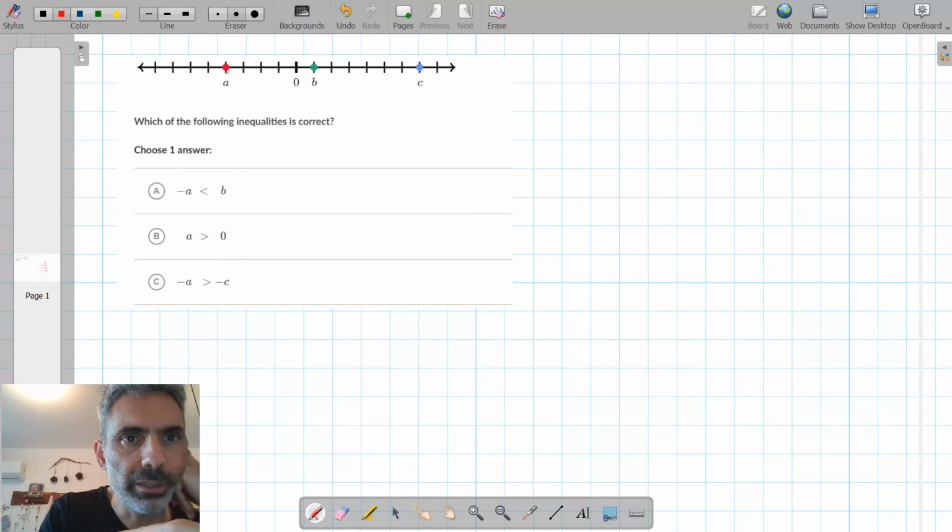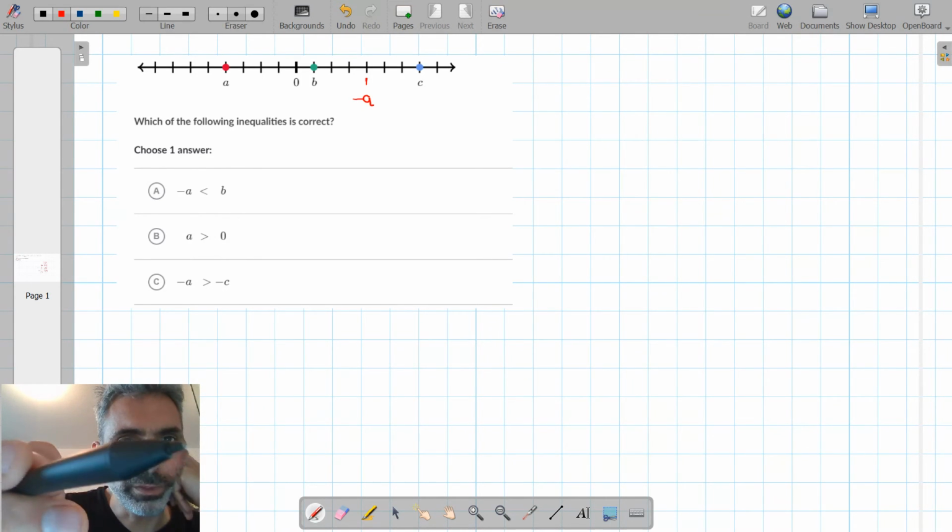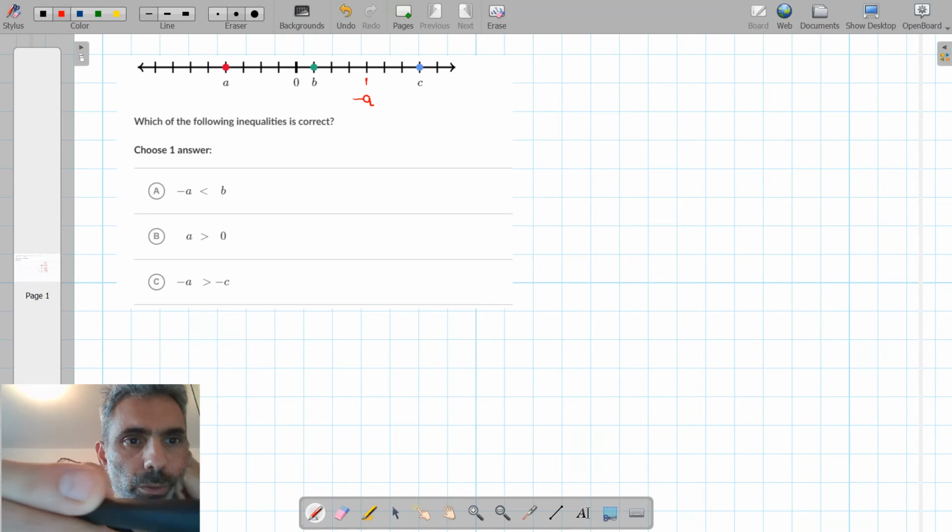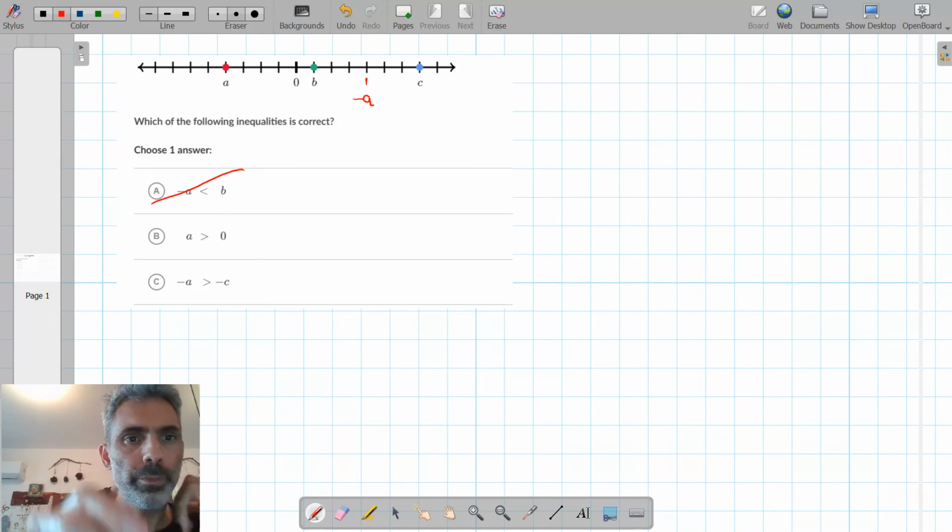So minus A is the opposite, 4 hash marks to the right of the 0. So minus A is greater than B, because minus A is to the right of B. So option A is not correct.